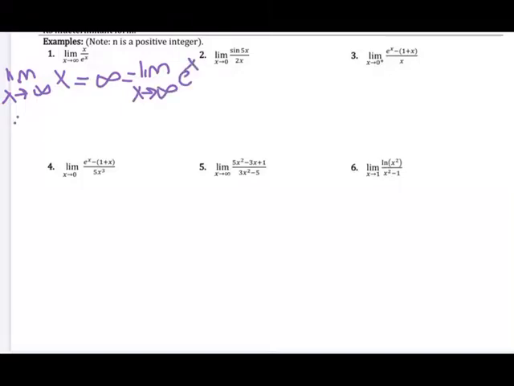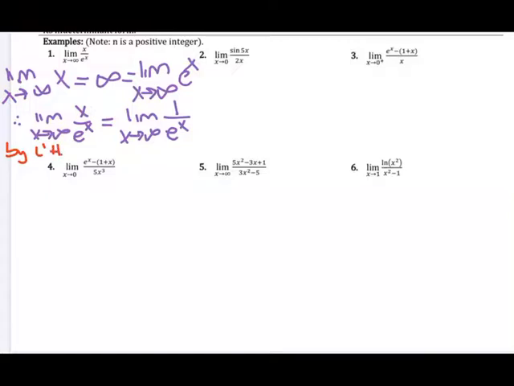Therefore, and I like to use the little three dots for my therefore symbol, the limit as x approaches infinity of x over e to the x is equal to the limit of the derivative of each of those things. The derivative of x is 1, the derivative of e to the x is e to the x. And I just want you to note this is true by L'Hopital's rule, which I'm just going to abbreviate as LH.